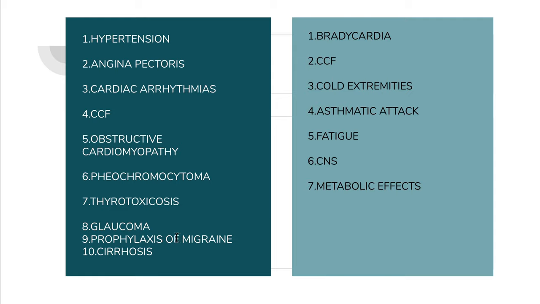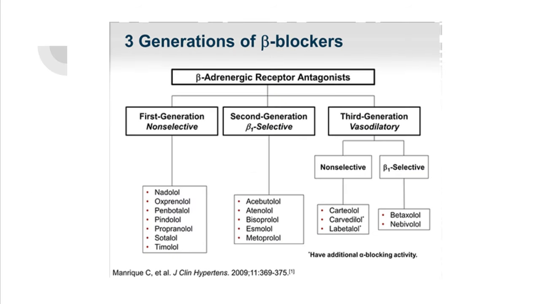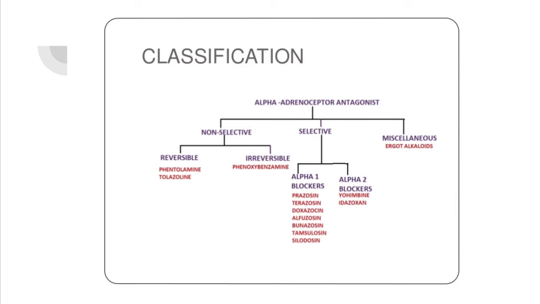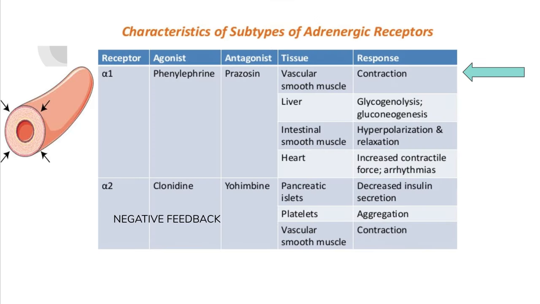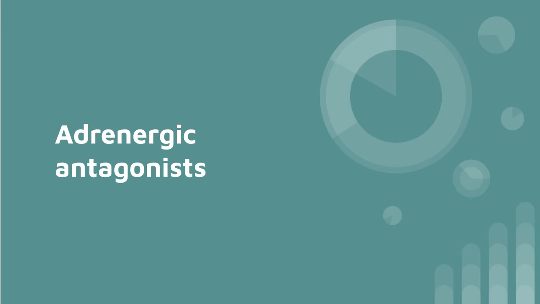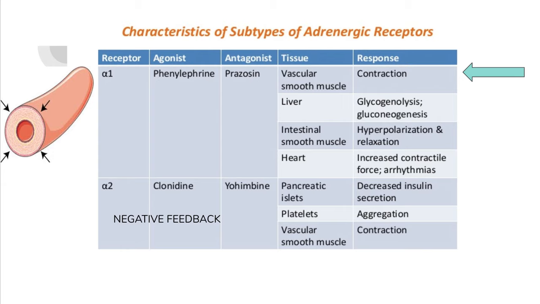So this was all about adrenergic antagonists, and what I suggest is, more importantly, to always try to remember the effects at different receptors, at alpha and beta receptors. It makes alpha adrenergic agonist and antagonist, both very easy.